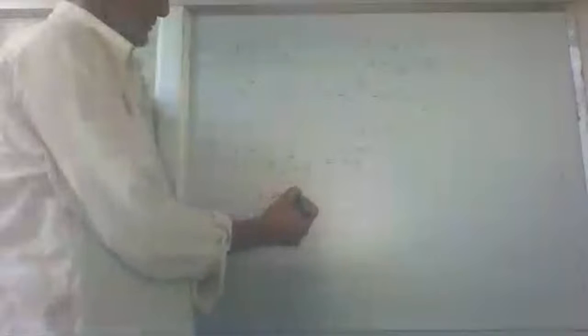What will happen now? x plus 1 upon x whole square is 29, minus 4 is 25. Removing the square, it becomes under root 25.